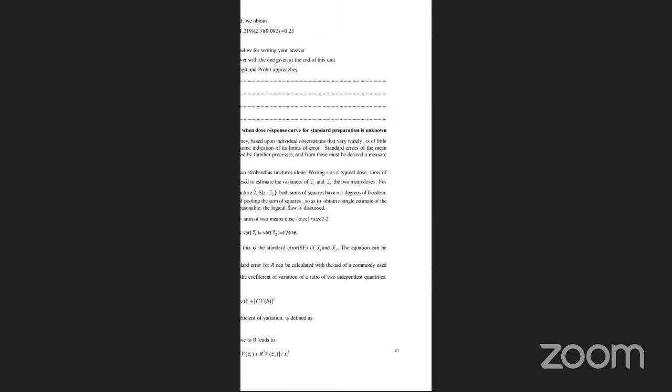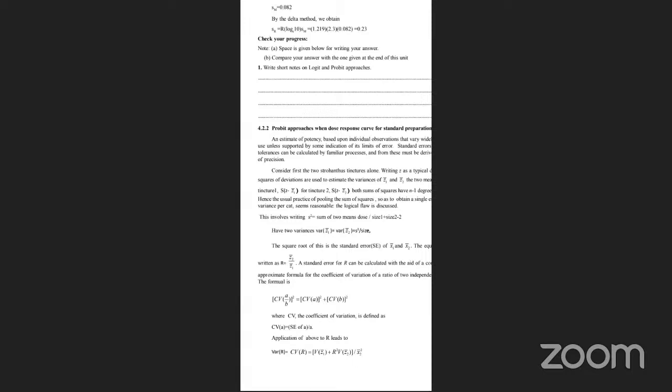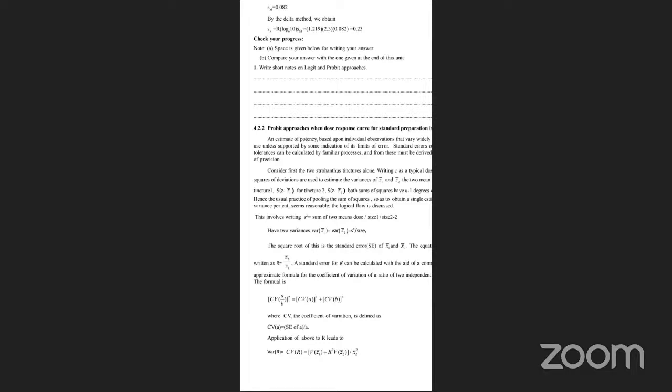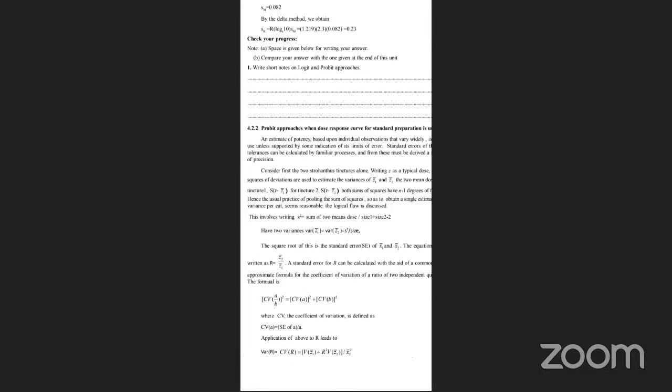This is a ratio estimate. A standard error of r can be calculated with the aid of a commonly used approximate formula. For the ratio of two independent quantities, coefficient of variation of a by b whole square equals coefficient of variation of a whole square plus coefficient of variation of b whole square.